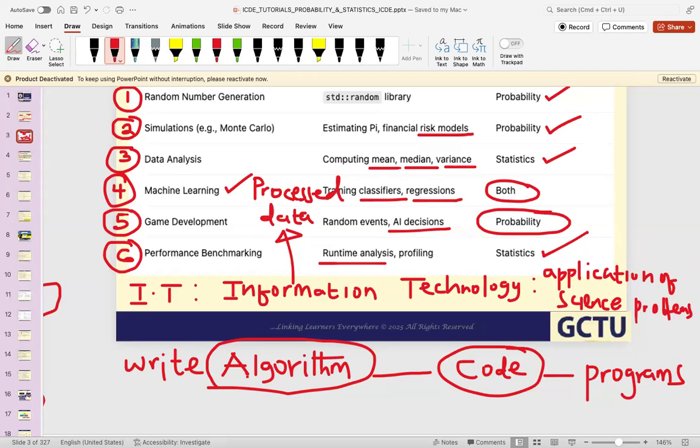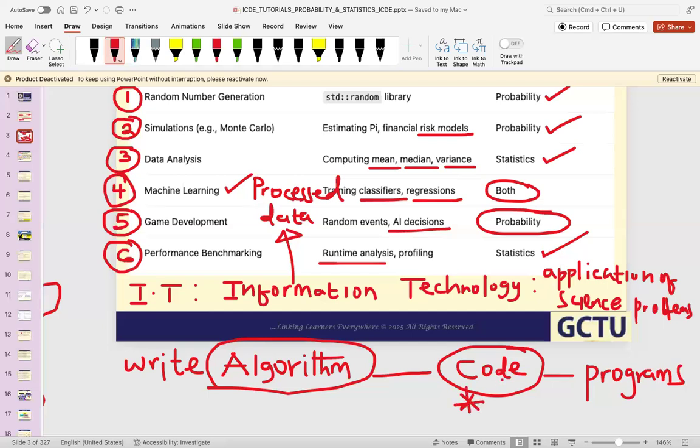Anytime I'm developing an algorithm for you or writing an algorithm for you, the algorithm will have to work on data. I need to squeeze information from data. But then the information, I want it soft. If I want it soft and not manual, it means I need to code the algorithm.